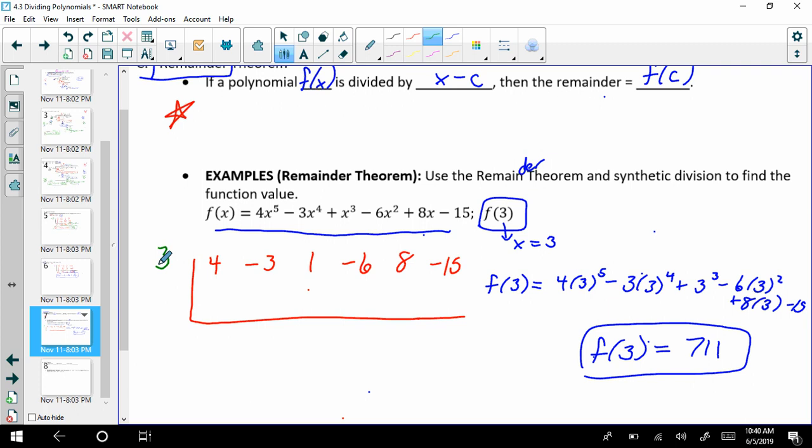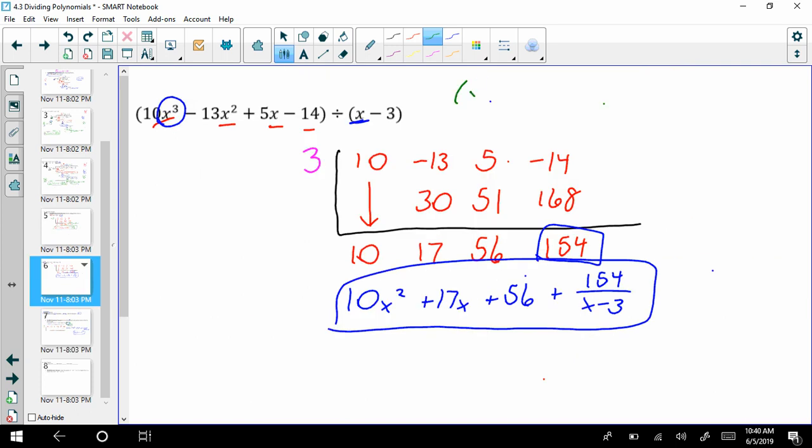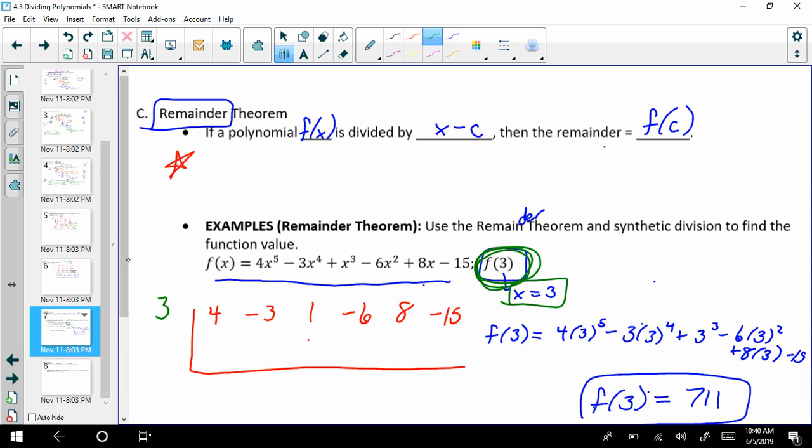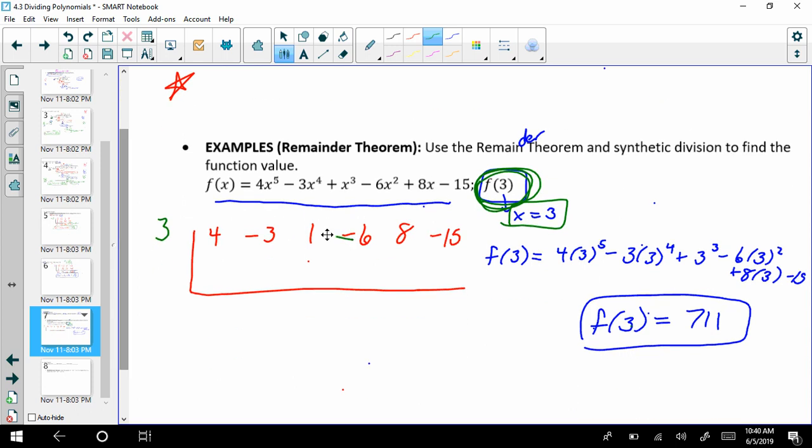I'm not actually going to turn that 3 opposite. It's already been turned opposite because notice when it's written in this form, this f of 3, that literally means x equals 3. What we were doing before, it was in this form, x minus 3. So I guess you could think of it as when we turned it opposite, it's like we solved it, which is why we turned it opposite. Since it's already x equals 3, I don't actually want to change it. I want to use that actual value.